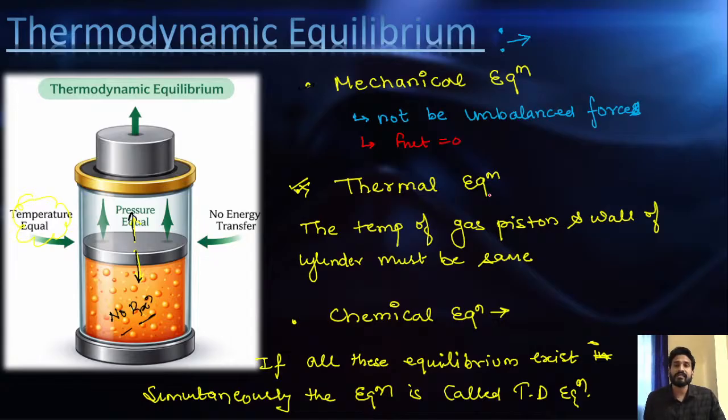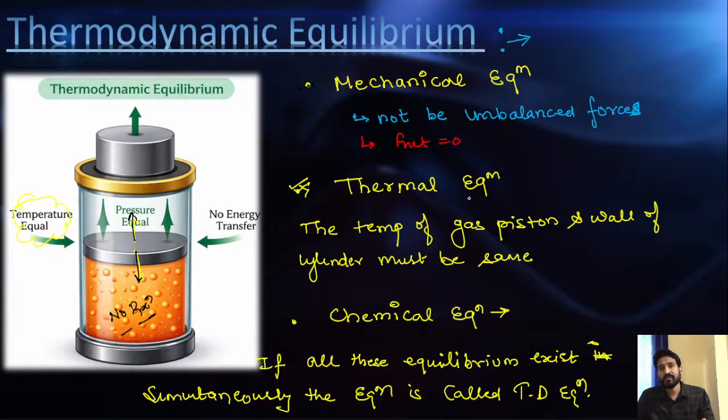Thermal equilibrium means the temperature of the gas, piston and wall of the cylinder must be the same. Whatever we define as the system, the temperature of that system will be the same everywhere. Chemical equilibrium means that there is no driving force, no reaction, or no formation of product is happening, right?